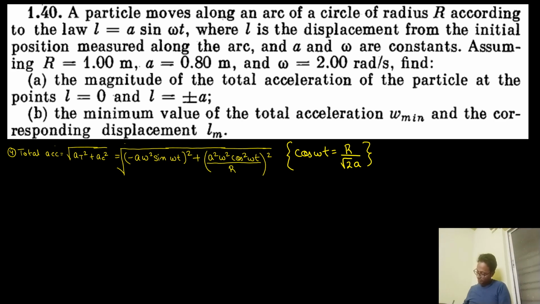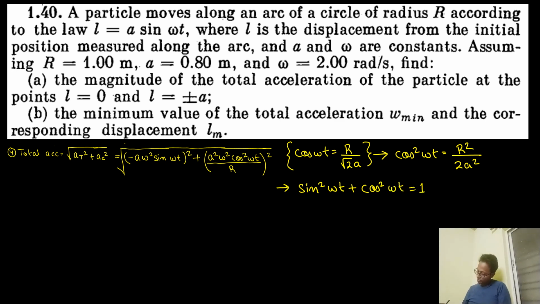I can simply write it as cos square omega t is equal to r square by 2a square. I'm squaring both the sides. Why am I squaring? To substitute out here. But what about sine square omega t? According to a trigonometric identity, sine square omega t plus cos square omega t is equal to 1.